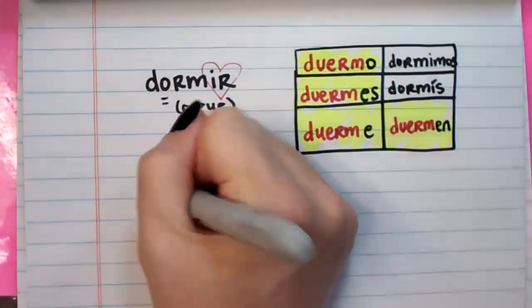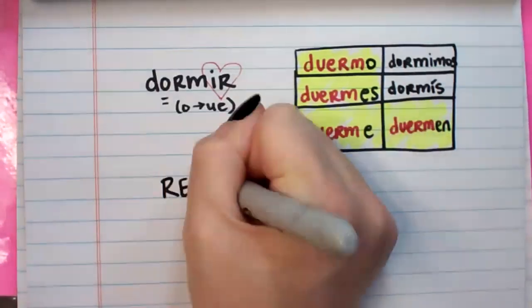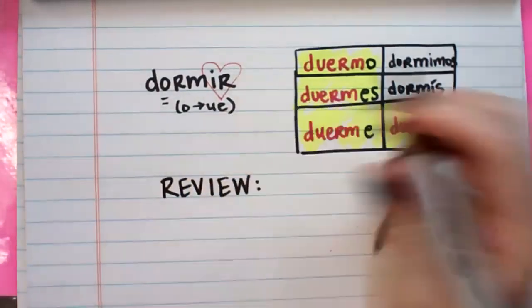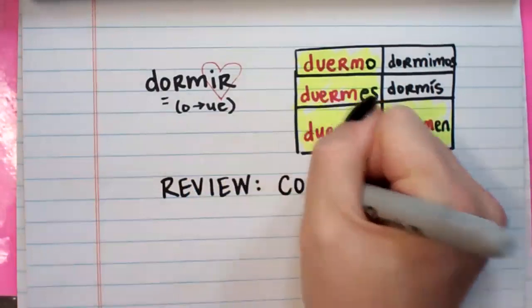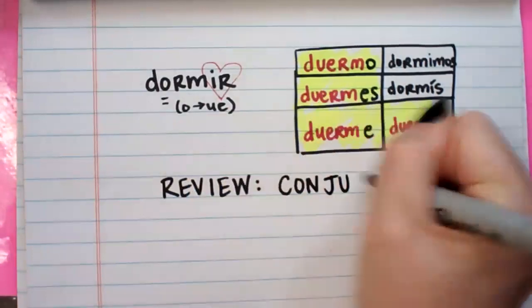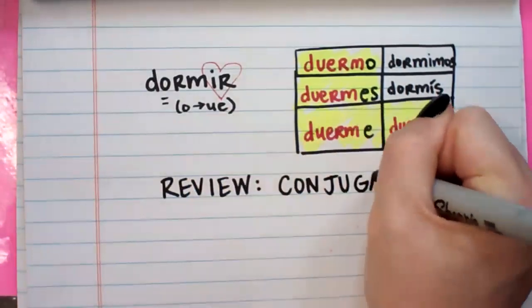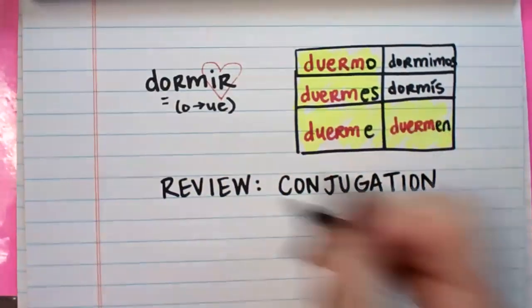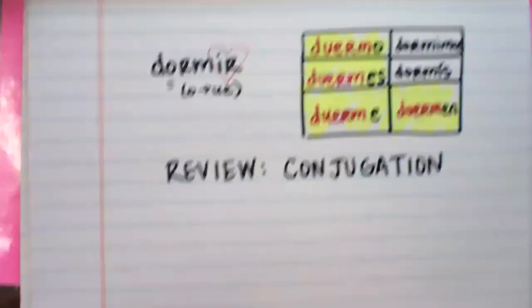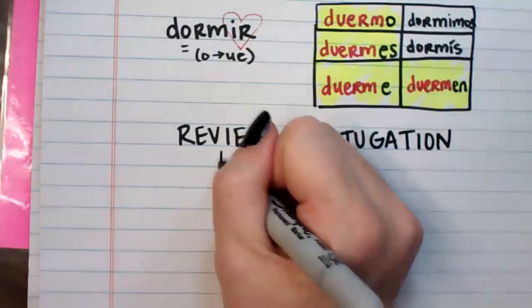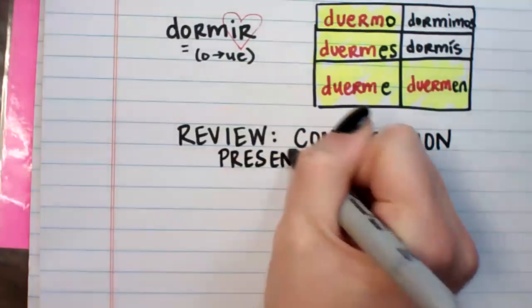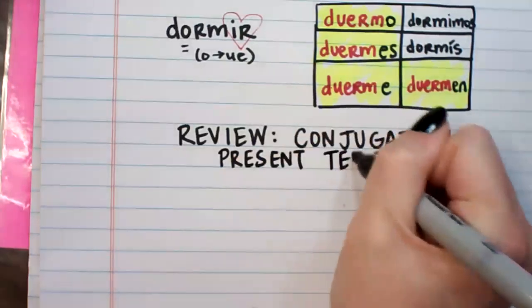So just to help you guys out, if you are taking notes right now, we are gonna hit pause on stem changing, and we're gonna review some conjugation basics. And the conjugation basics that we are gonna touch on are present tense.